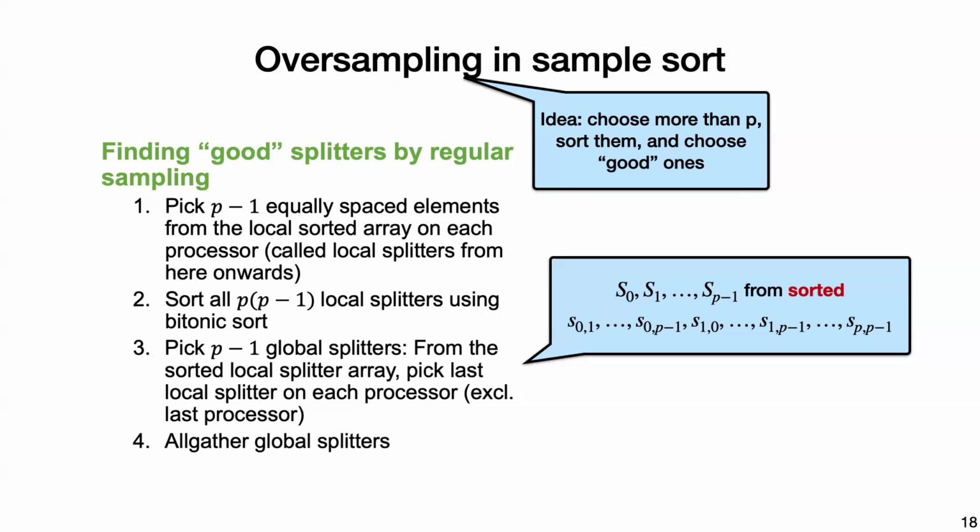You get p-1 global splitters from p times quantity p-1 local splitters. This notation is just like from processor 0, it has 1 up to p-1 splitters. Questions?